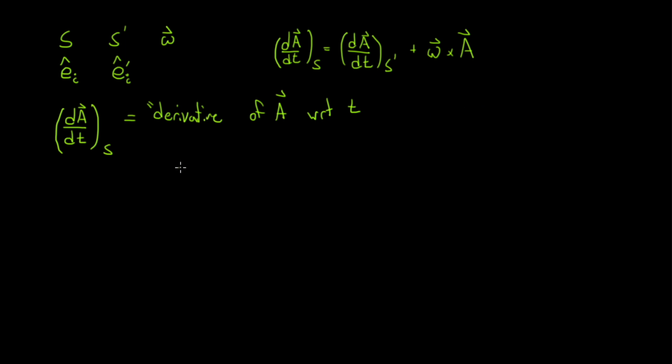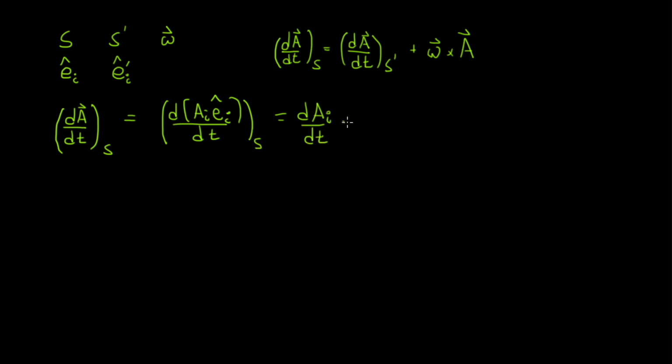So what do I mean by that? What I mean is, for an observer in frame S, what will they think the derivative is? So if we have an observer in frame S, we could write A as A_i e_i hat, and we can look at d/dt here, and this will give us dA_i/dt times e_i hat, this is product rule, plus, and this is the bit that I'm explicitly including, plus this extra term here.